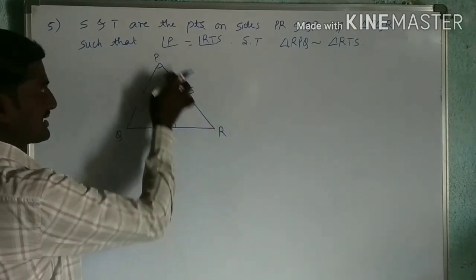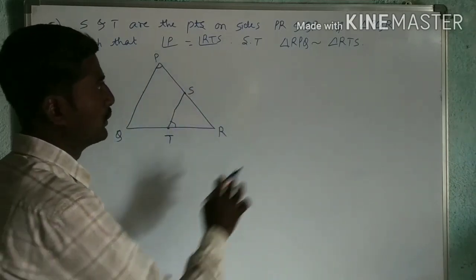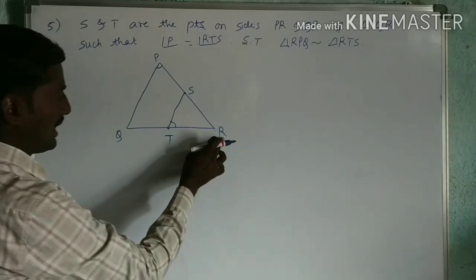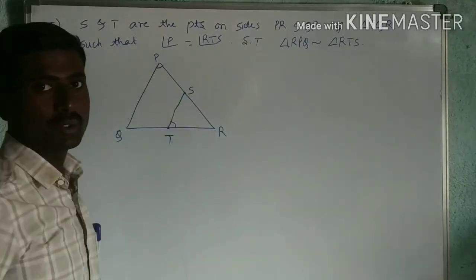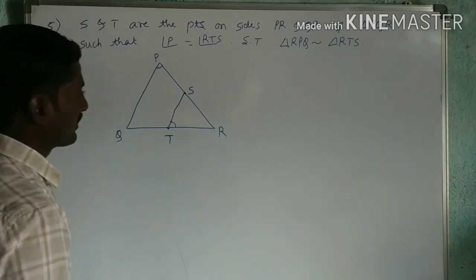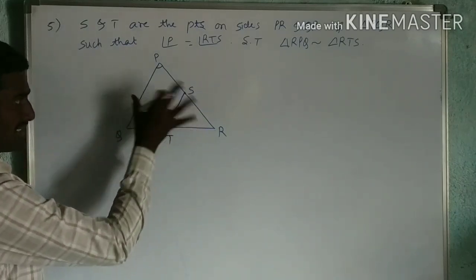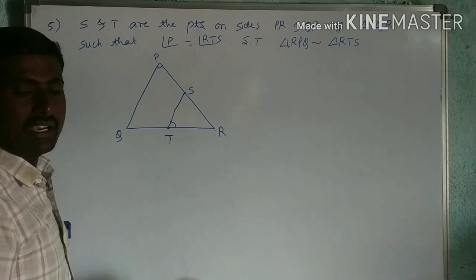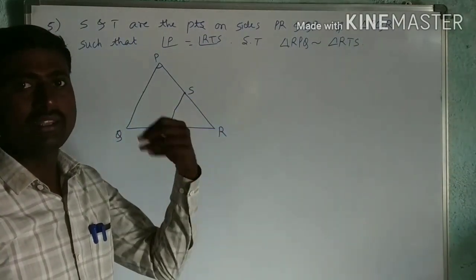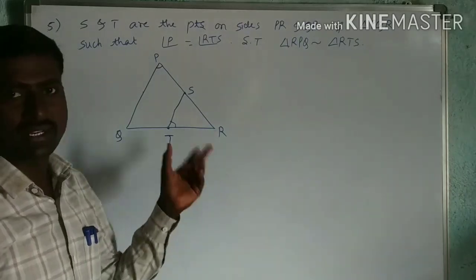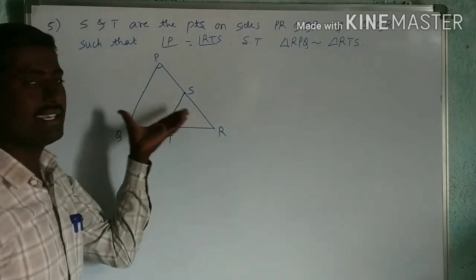Triangle RPQ is similar to RTS. We have to prove that these two triangles are similar. To say this, either there must be SAS or AA similarity. Here you can use the AA similarity criterion.